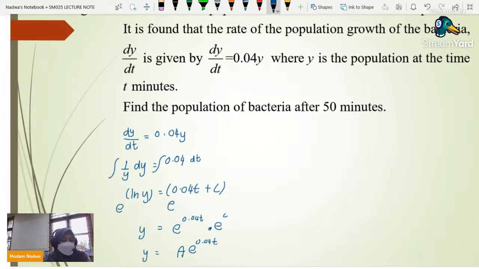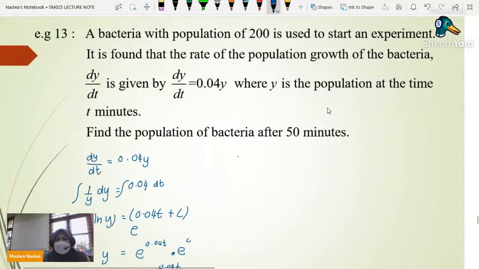Okay, now we can find our constant here by substitute the information given to you. As for the example, it's given to you the value of t. So it asks you to find y. Dia tanya, what is y when t equals to 50? Okay. So kat atas ni dia ada bagi satu information. This is a very important information.